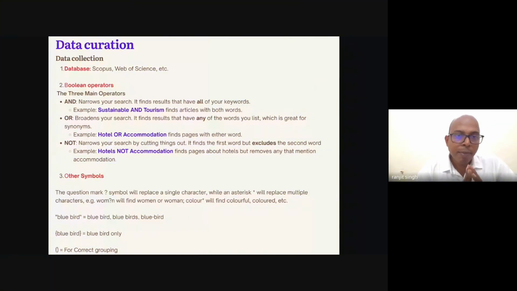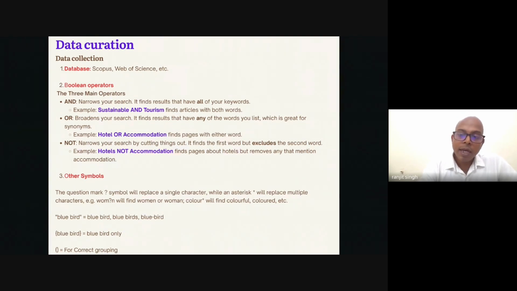In data collection, the first important aspect is the database, because there are several databases available like Scopus, Web of Science, Google Scholar. But using a database depends upon the researcher, and whether the database is accessible.